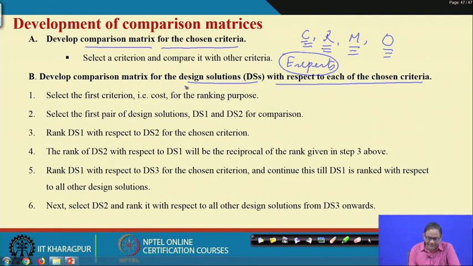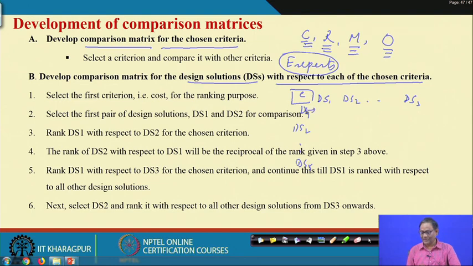Another step: suppose again you have a set of alternatives, DS1, DS2 to DS5. With reference to the first criterion, cost, how do you rate these alternatives?